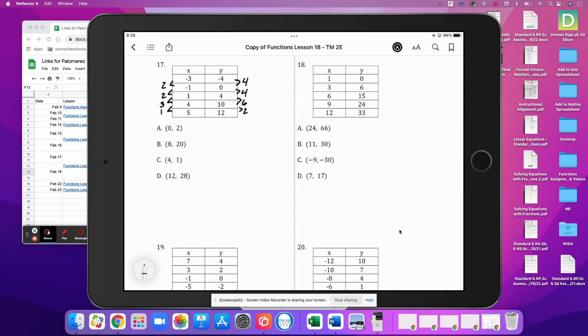So it looks like our slope is going to be, I could pick any one of these. It's going to be 4 over 2 or 6 over 3 or 2 over 1. My slope is going to be 2, because any one of the ones on the right divided by its counterpart on the left makes 2.